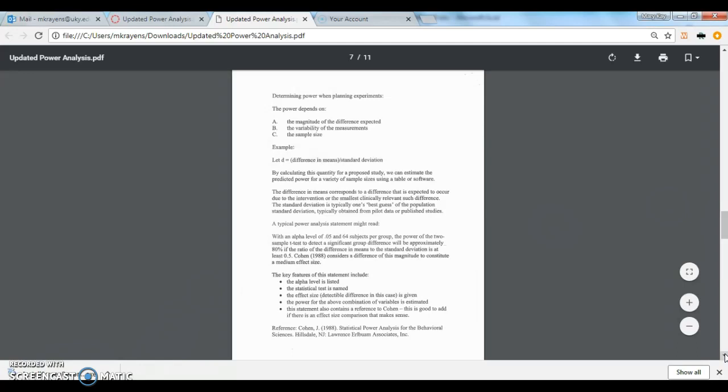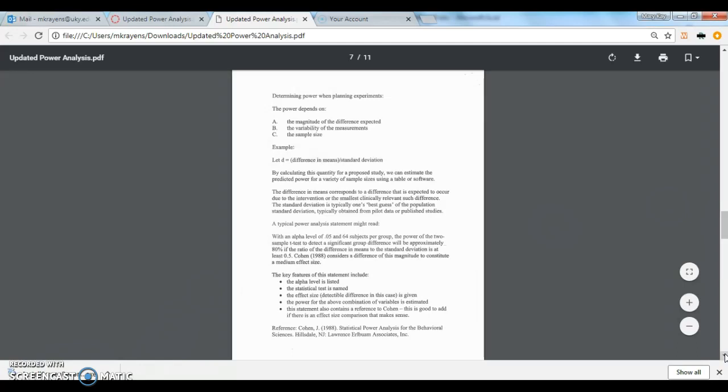So in the context of a two-sample t-test, if we call D the difference in means divided by some estimate of the standard deviation of the observations within those two groups, then we can use that D, our best guess of what D might be, to choose what is a reasonable level of power for the sample size that is feasible for our study.